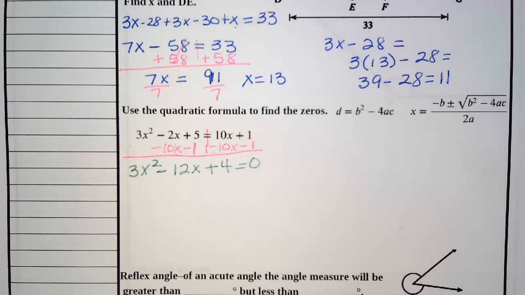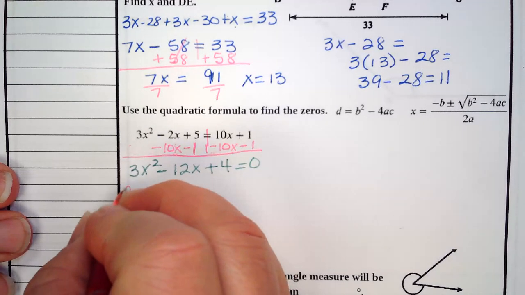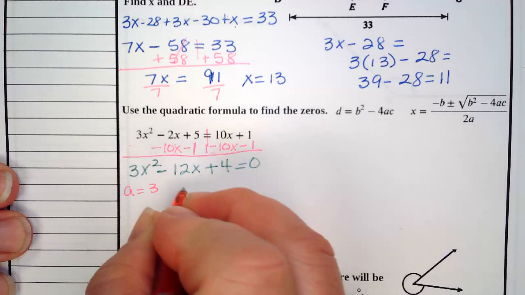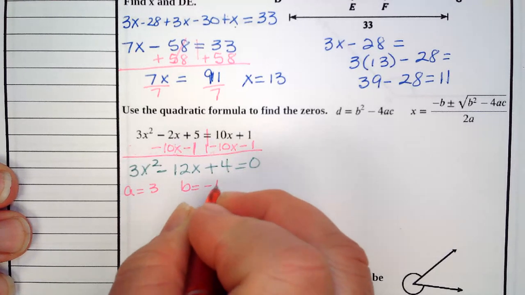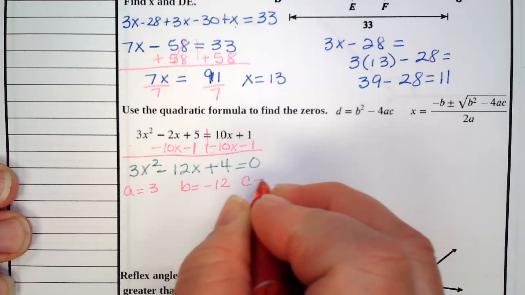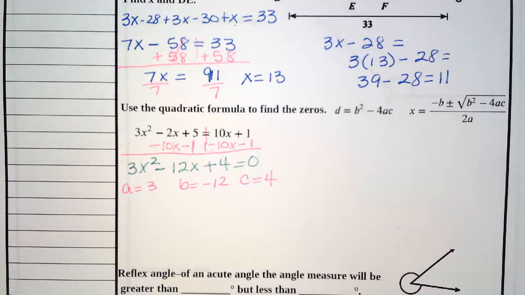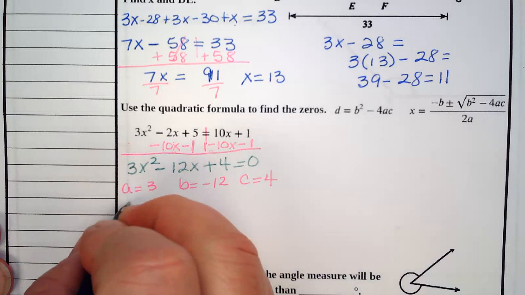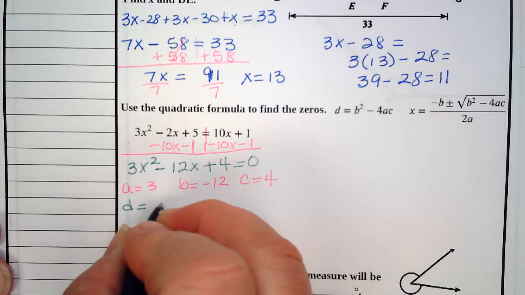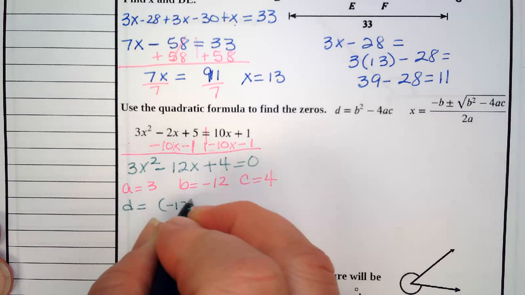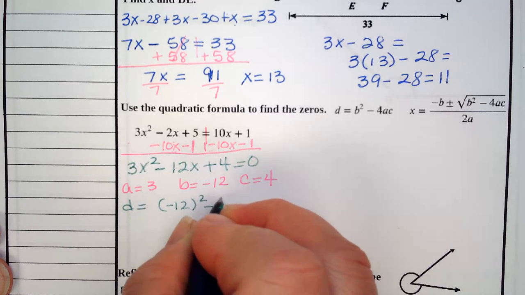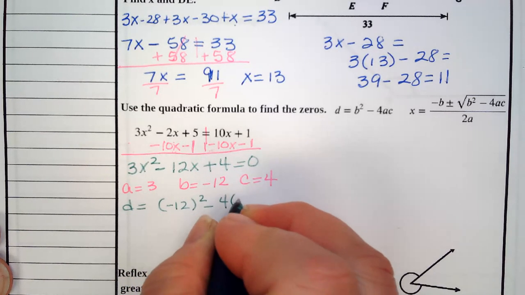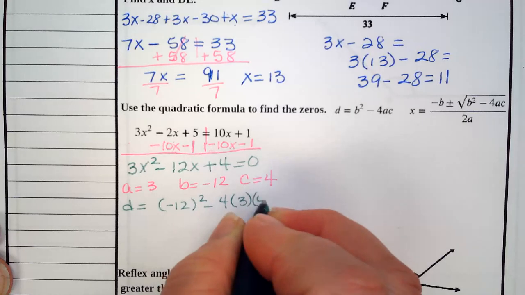Now I'm ready to start. I'll identify A, B, and C. A is equal to 3, B is equal to negative 12, C is equal to 4. For my discriminant, you notice I've got it right here. My discriminant is equal to negative 12 quantity squared minus 4 times 3 times 4.